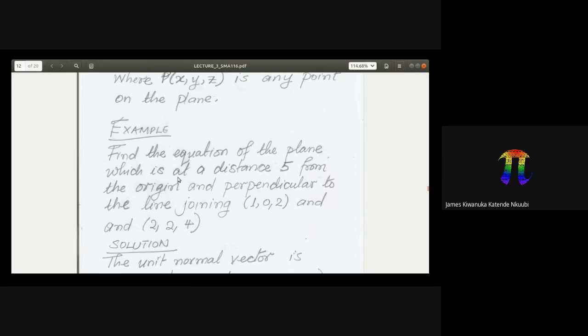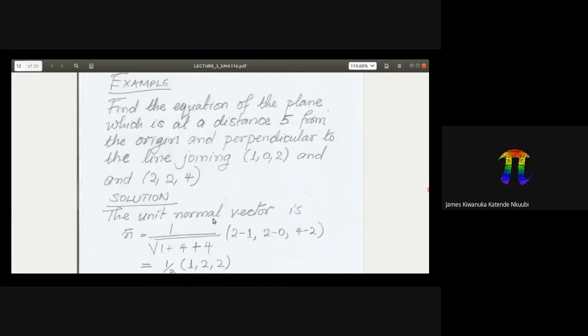Find the equation of a plane which is at a distance 5 from the origin and perpendicular to the line joining the two points (1, 0, 2) and (2, 2, 4). So the plane is perpendicular to the line that joins these two.